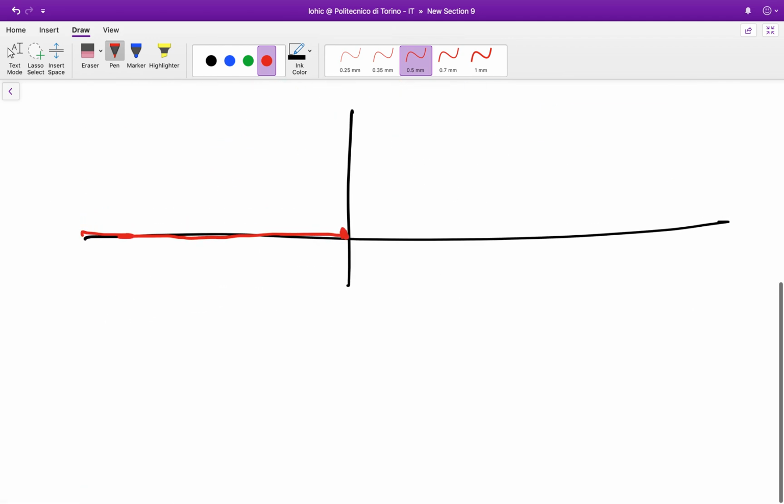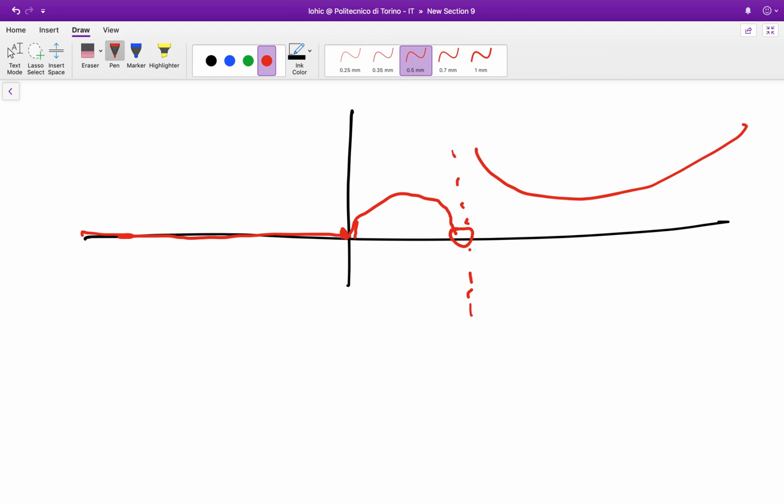Now for all x greater than 0, we use f of x. So f of x will continue like this, put the ball here at 1, and then continue. Now this function g of x is continuous in the interval from minus infinity to 1.